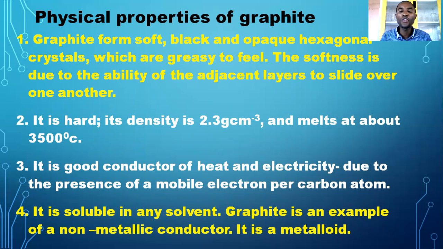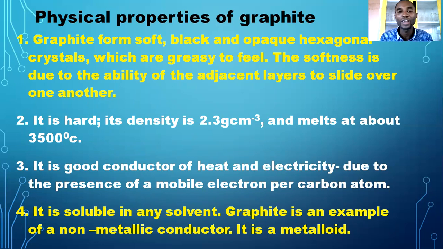It's a good conductor of heat and electricity. Why? Because of the presence of the mobile electron per carbon atom. These are differences we can also use to differentiate the 2 of them. Number 4 is that it is insoluble in any solvent. Graphite is an example of a non-metallic conductor.